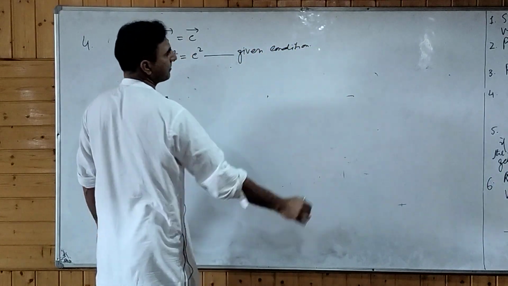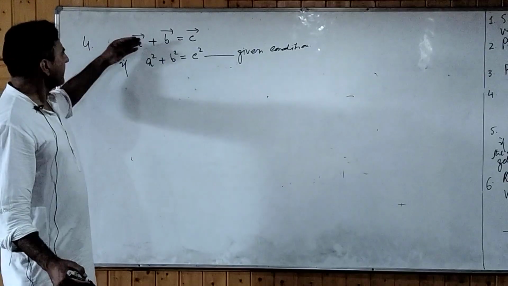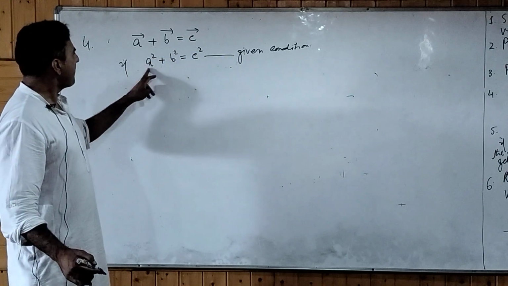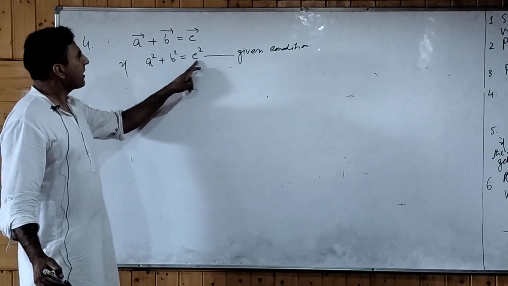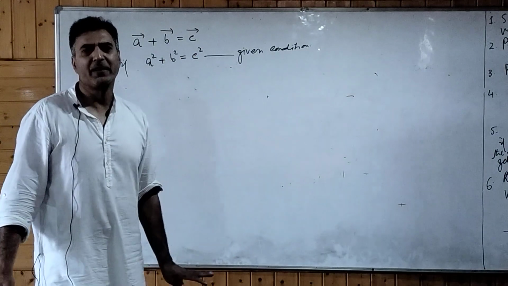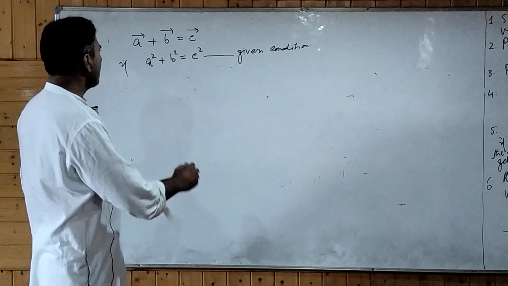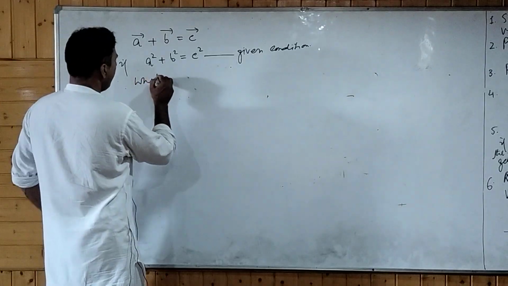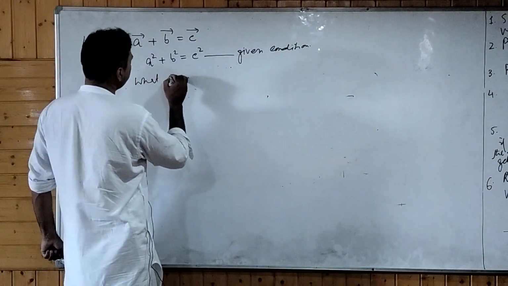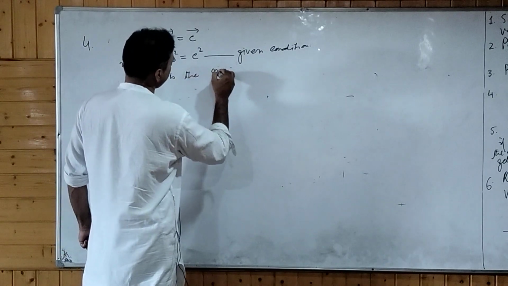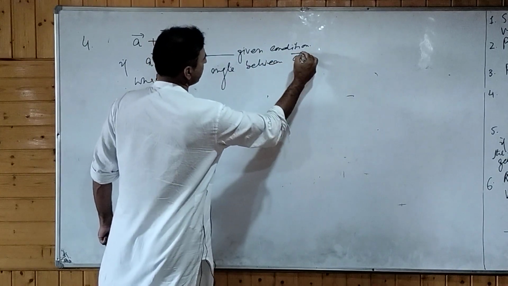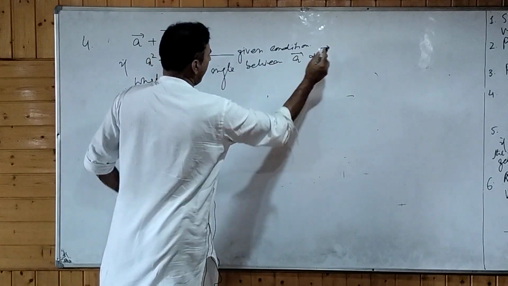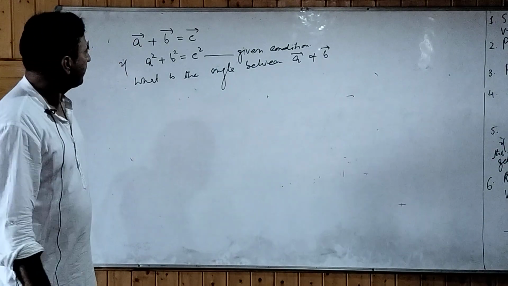So the question is, if the resultant of two vectors is C, and the square of the magnitude of the first vector plus the square of the magnitude of the second vector is equal to the square of the magnitude of the resultant, what is the angle between A vector and B vector? This is the question.